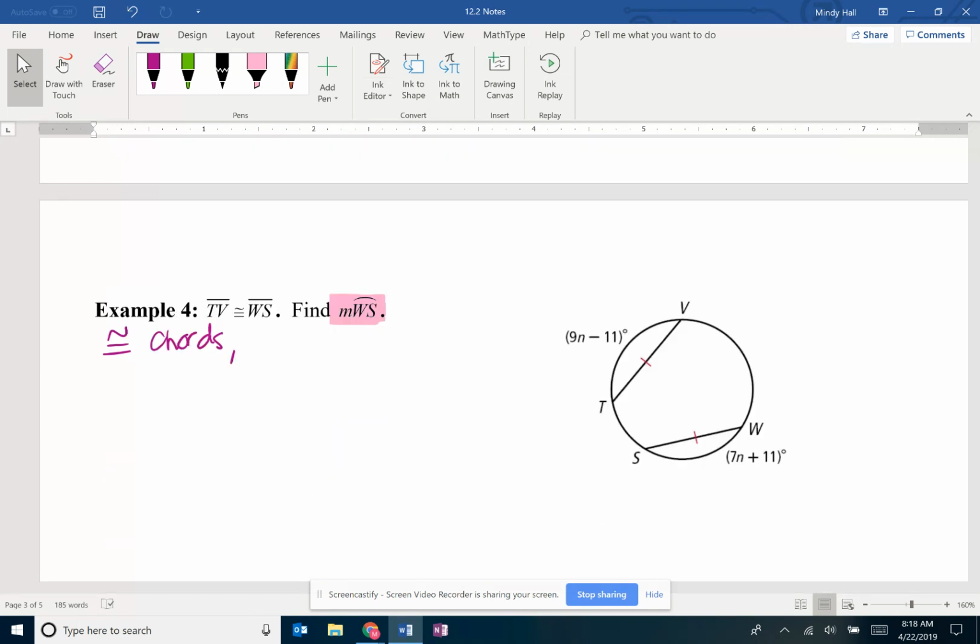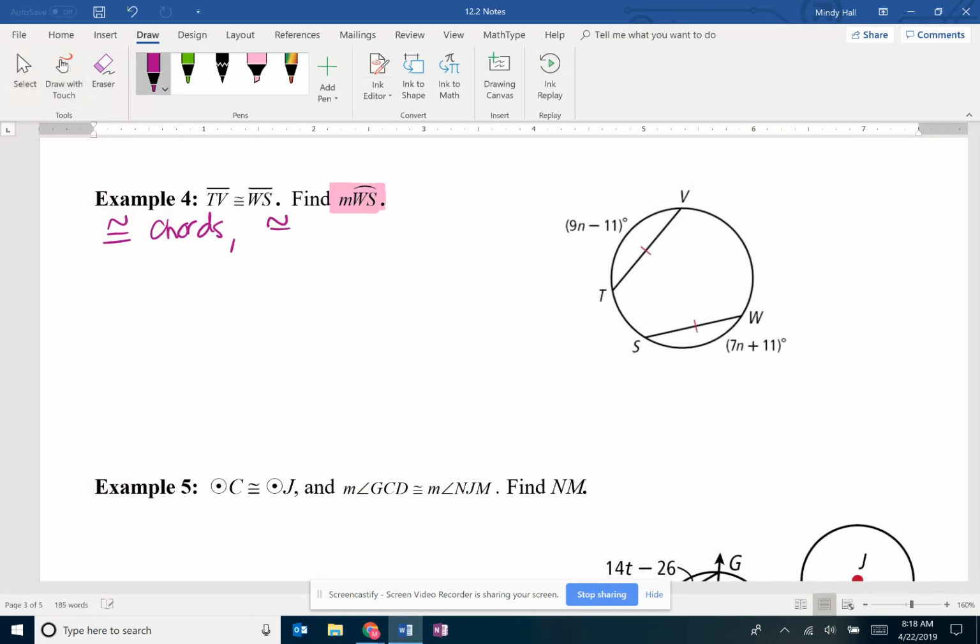So congruent chords, congruent arcs. So if I know that these two chords are the same length, then I know that their two arcs should also be the same. So because these arcs have these values put to them, we can just set it up as an equation. They are the same, they're equal.